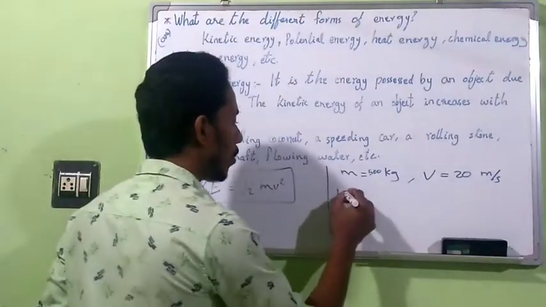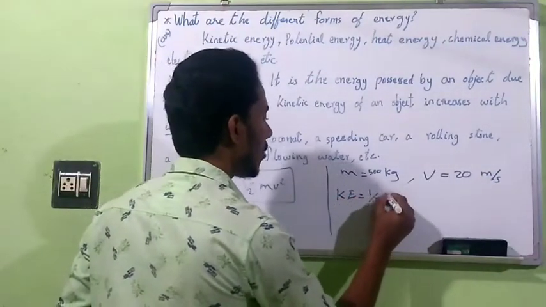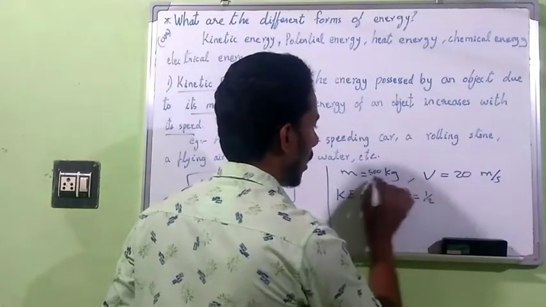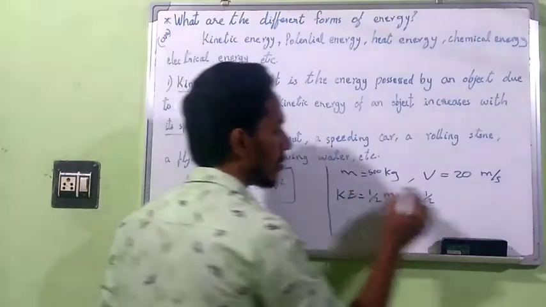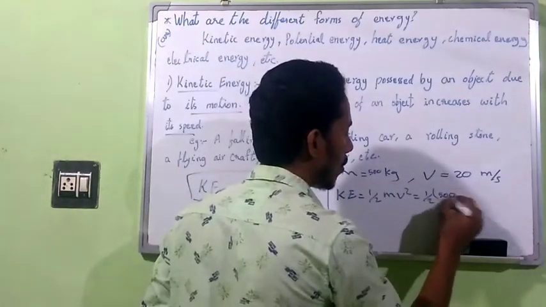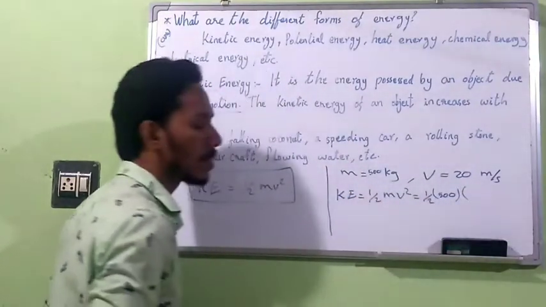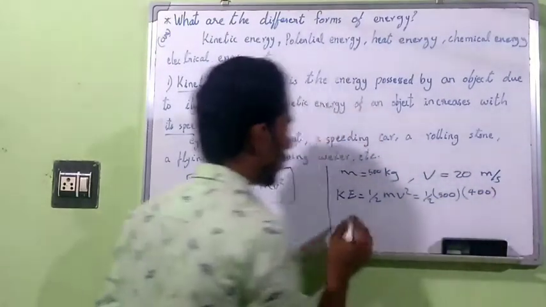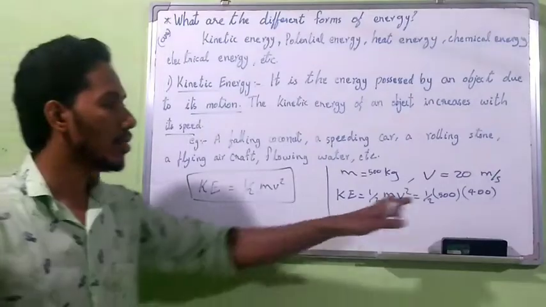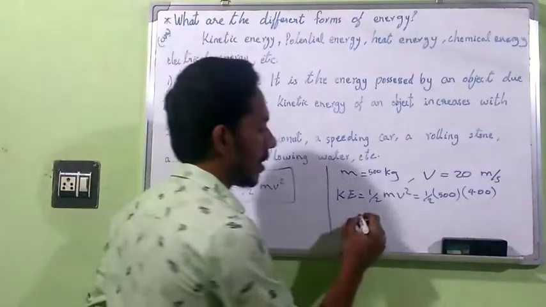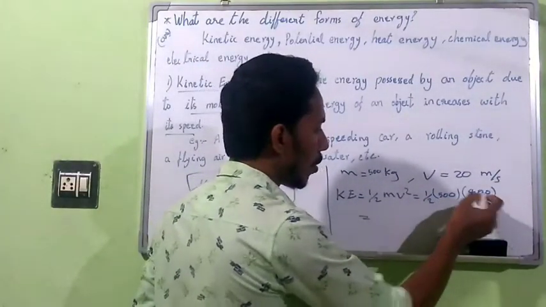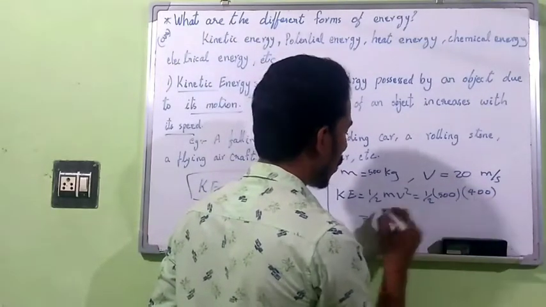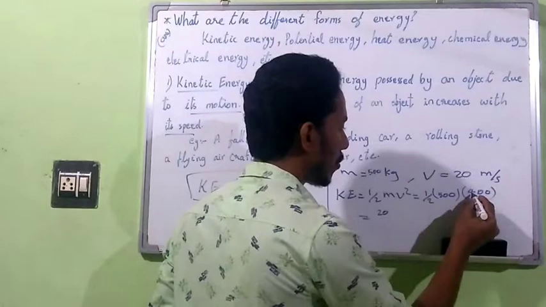Kinetic energy is equal to half m into v square. That means half into m, which is 500, into 20 square. V square means 20 square, which is 400. Then 500 into 400: you only need to multiply 5 into 4, 20.